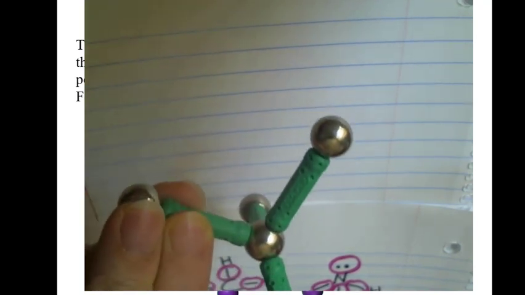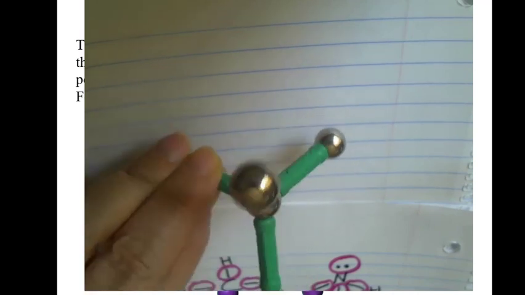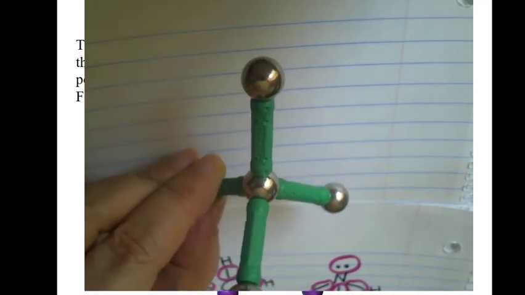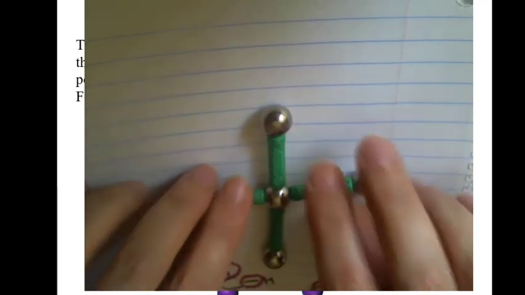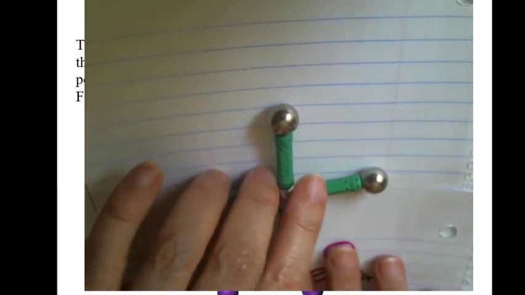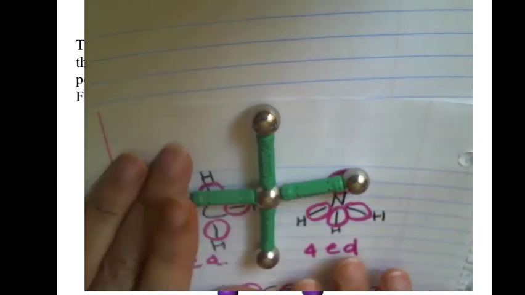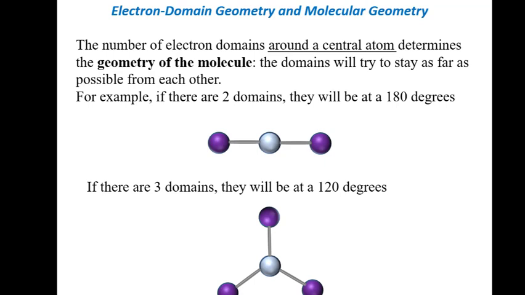Now, these angles are more than 90 degrees. They're actually 109 if they're all equally spaced. So this kind of geometry would be preferred. So you see how when the molecule becomes more complicated, you need to start thinking in 3D, and 3D is not the same as the 2D situation.